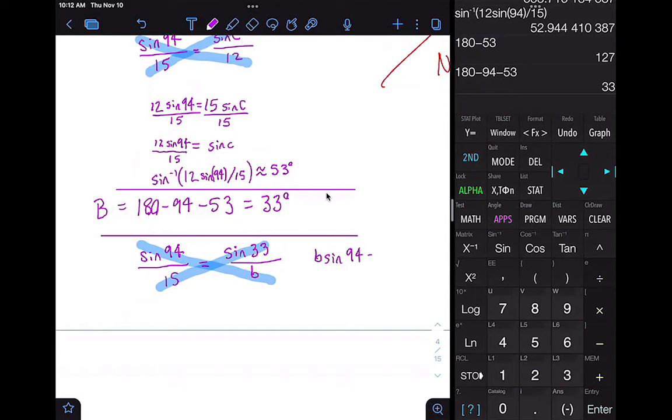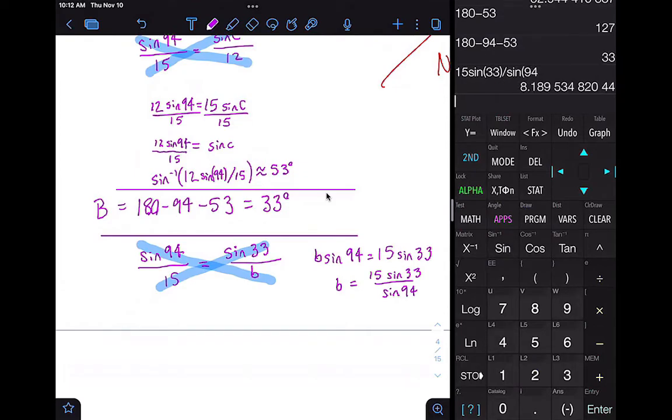Most of you might even skip writing this step out, and that's fine if you do. From there, just divide both sides by sine of 94. So (15 sine 33) close parentheses divided by sine 94. And there's that 8.2 that I accidentally wrote down earlier.